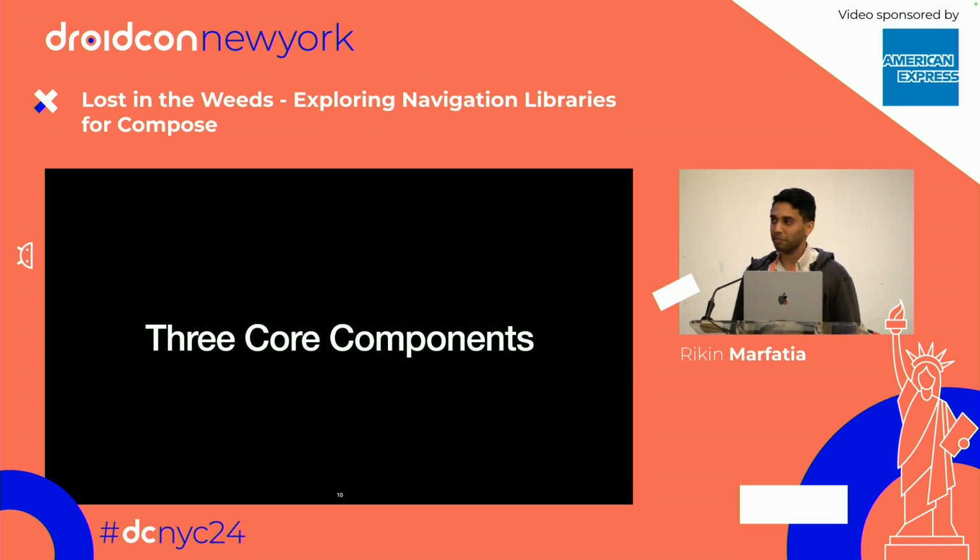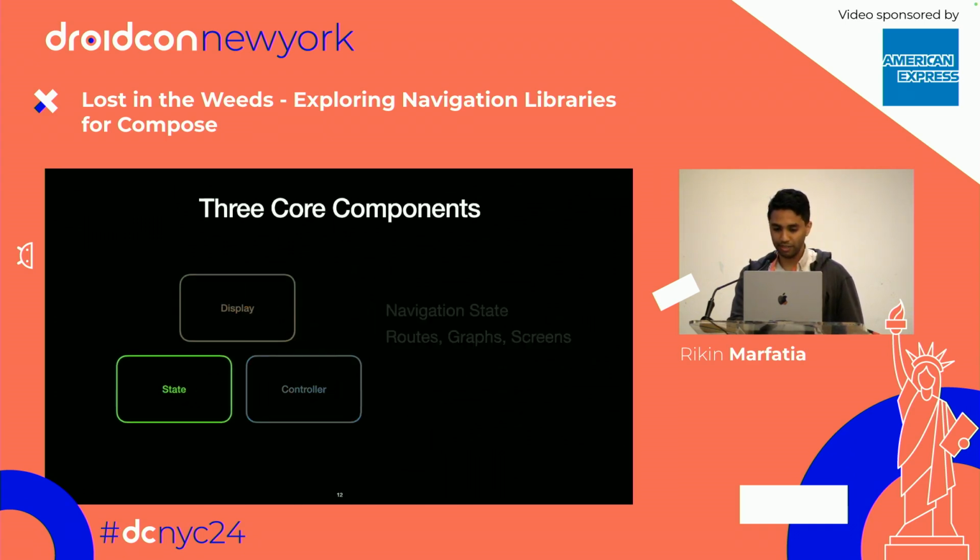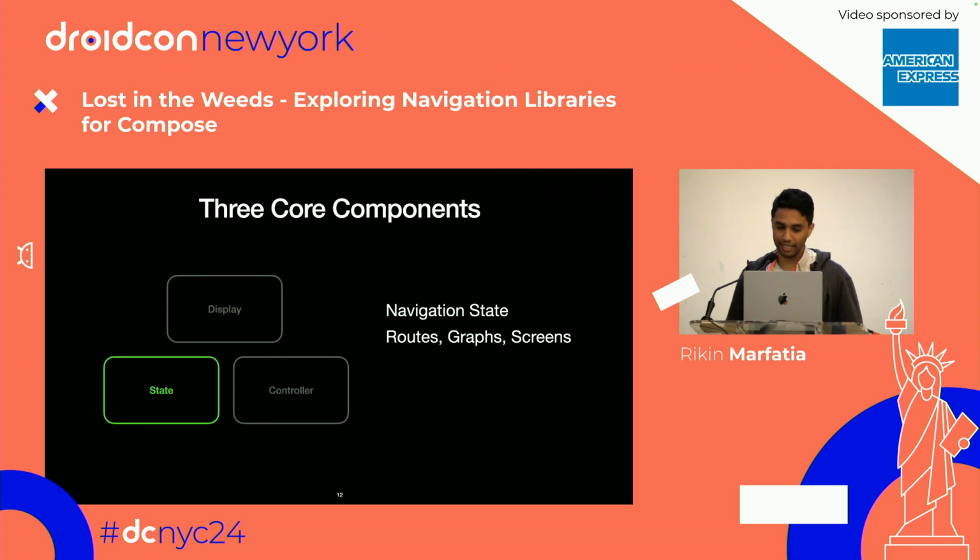When I was exploring these libraries, I noticed that they usually centralize around three core components, which are more or less implemented when they're creating their solution. That's the state that drives your navigation, the display, and the controller. Your state, at least in my opinion, is your routes, your graphs, your screens, the actual targets for your navigation, your destinations even.